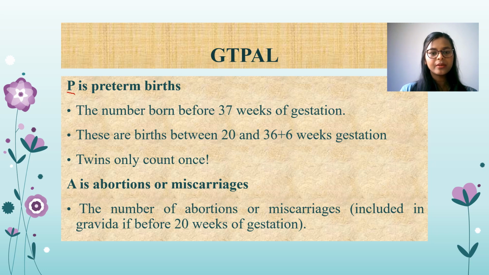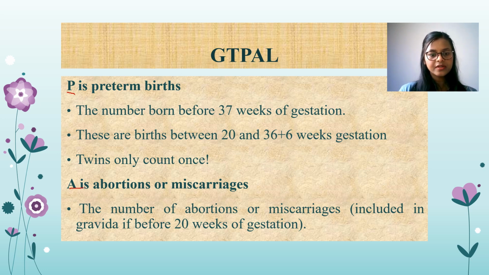P refers to preterm birth, the number of births a woman has had before the 37th week of gestation. These are the births between 20 and 36 plus 6 weeks of gestation, because before the 20th week of gestation we don't count the woman as para. So twins only count once.